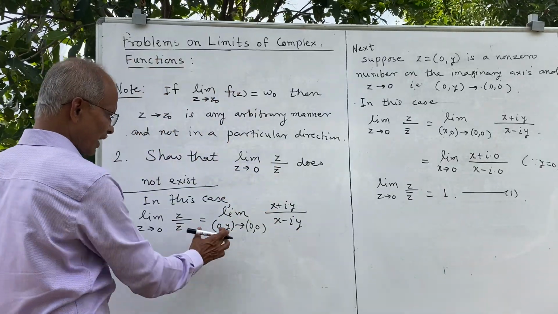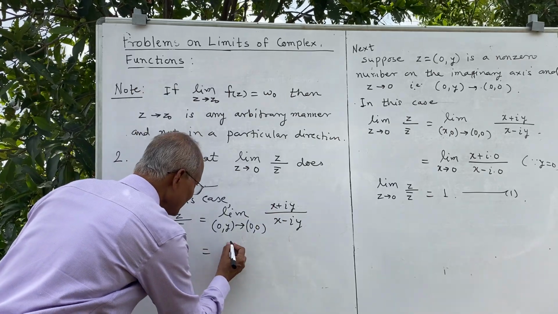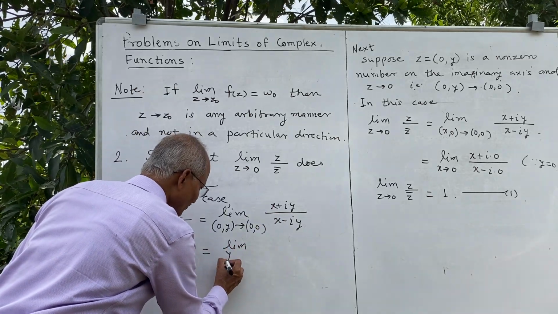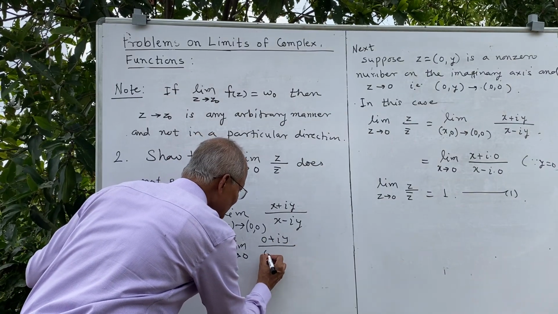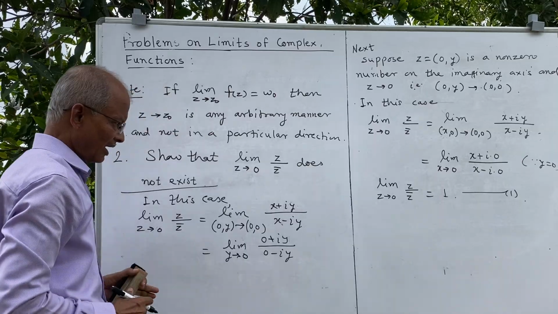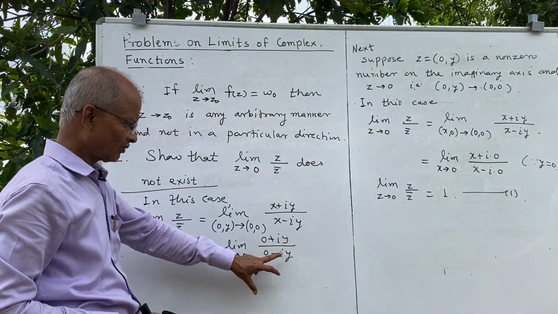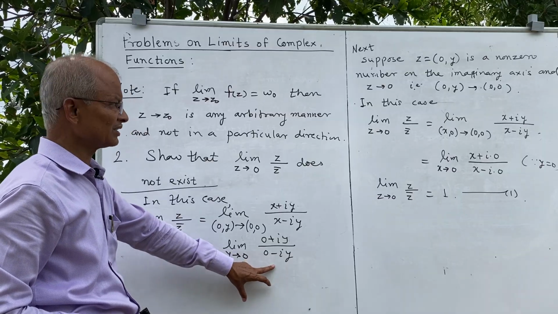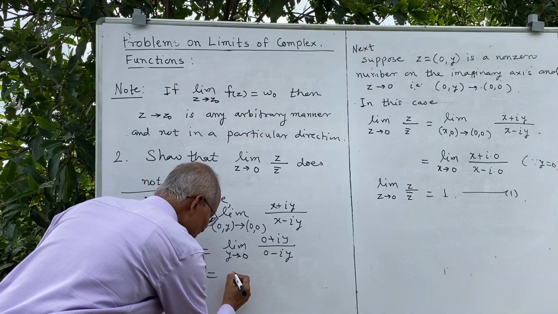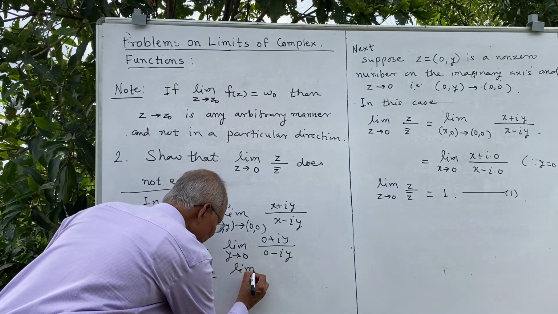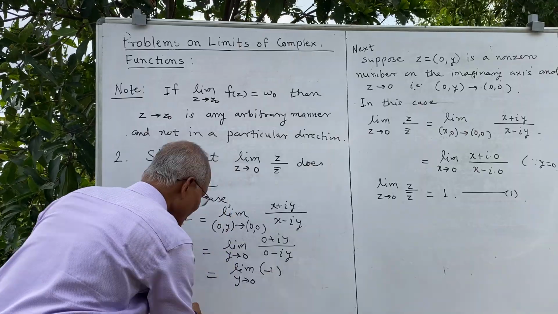And now here x is fixed, so we have to put x as 0, and thus the limit reduces for only y. Y tends to 0, 0 plus i into y divided by 0 minus i into y, and again this i into y cancels from both sides, and what remains is minus 1, that is a fixed number. So this is limit y tends to 0 of minus 1, which is equal to minus 1.